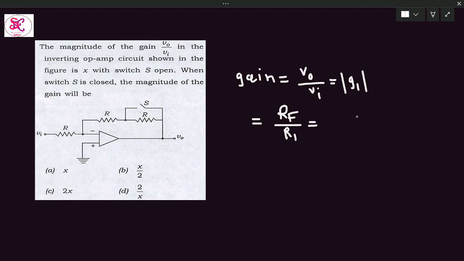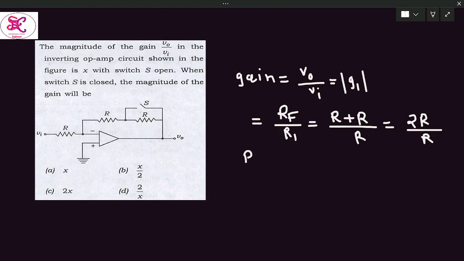And when the switch is open, the two resistors are in series combination in the feedback path. I can take R plus R divided by R. This is the input resistor R and the feedback resistor, it's R plus R. So what I am getting is 2R by R. I consider this is G1.